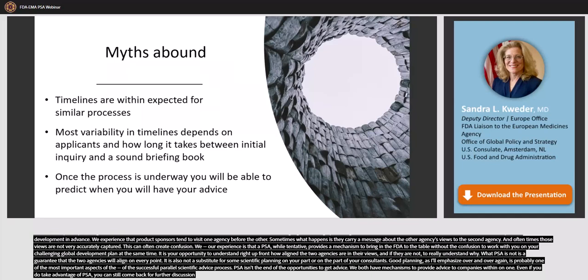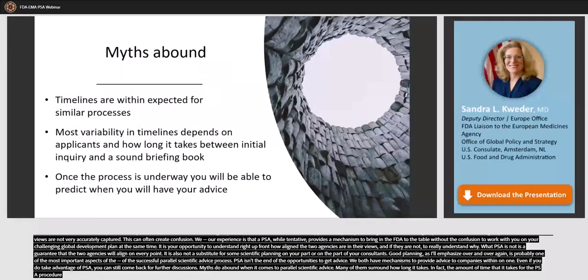Myths do abound when it comes to parallel scientific advice. Many of them surround how long it takes. In fact, the amount of time that it takes for a PSA procedure is very similar to that for getting advice from an individual agency.